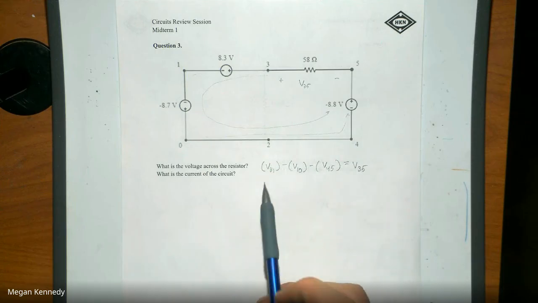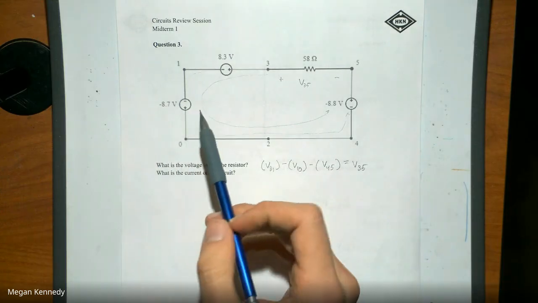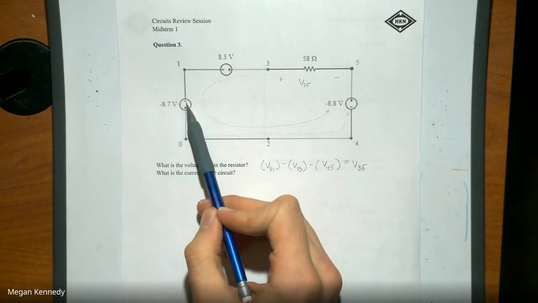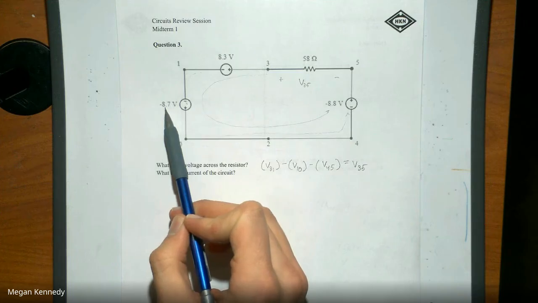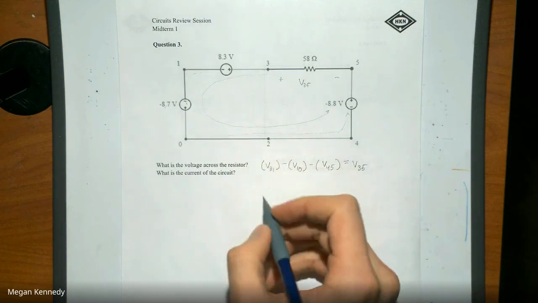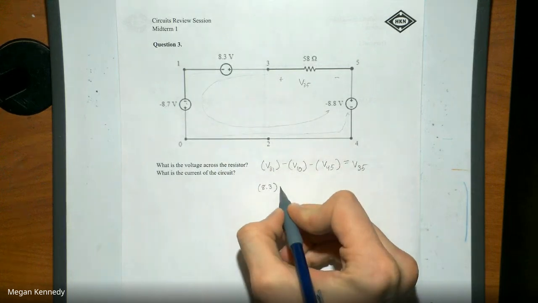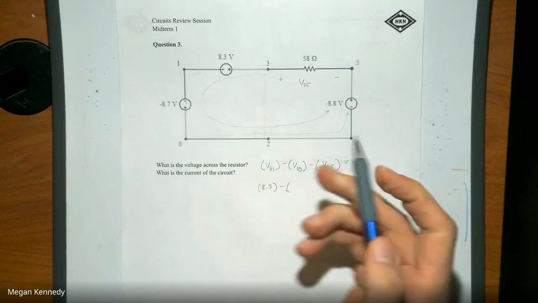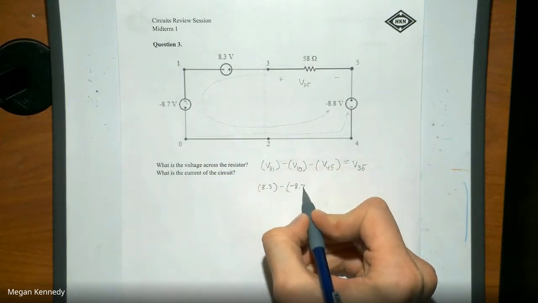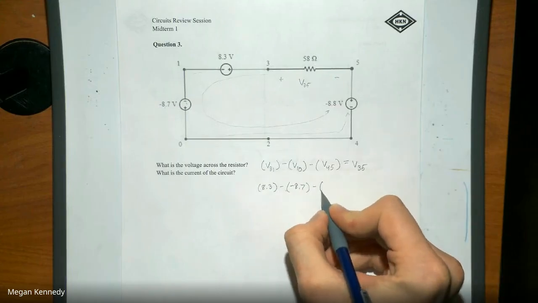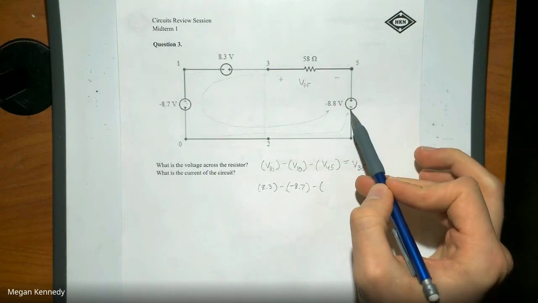I like to break it up into this. That way I don't get mixed up with any of the sign conventions. Because, for example, we enter the negative end of this source, and it's a negative voltage. So when we plug in the numbers, we have 8.3 for this first source, minus, then we have a negative 8.7 for this next one, minus, again, we enter the negative end of this source.